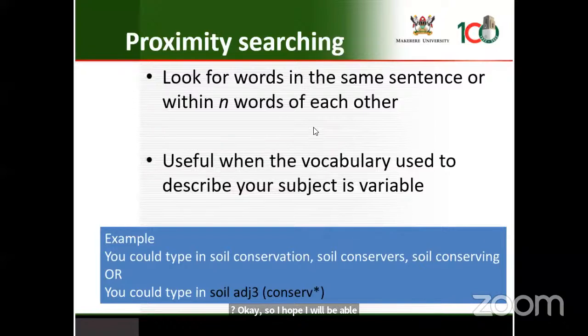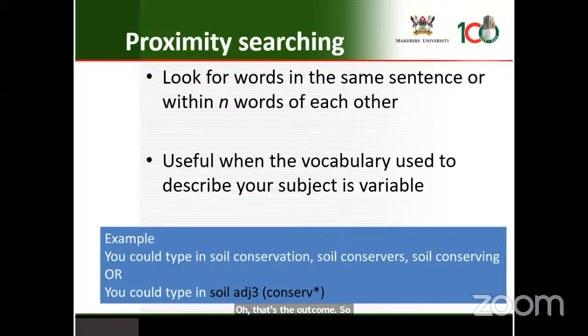So when you're truncating, proximity searching looks for words in the same sentence or within n words of each other, where n means number of words. It is useful when the vocabulary used to describe your subject is variable. So let's look at soil conservation. If we go back to our forest land, the intervention, oh, that's the outcome, is soil conservation.